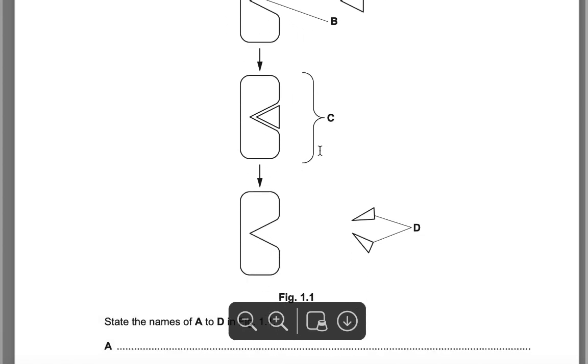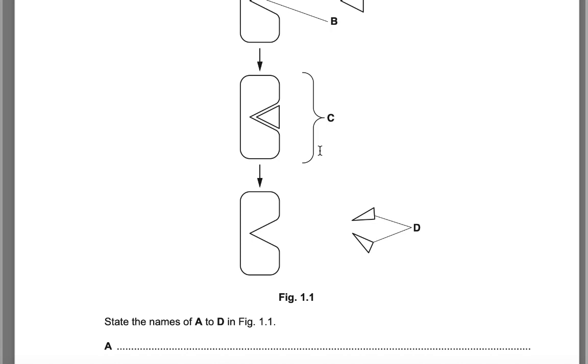D is digested food, or you call it the product, because the product is what comes out.